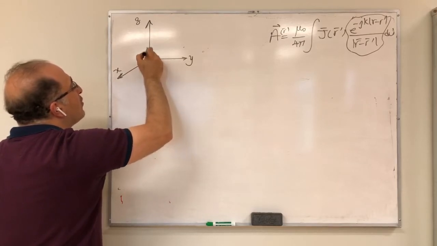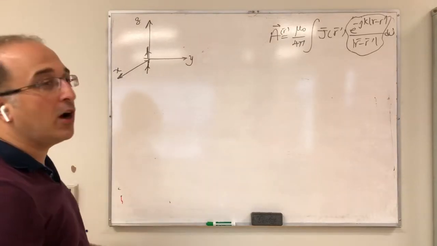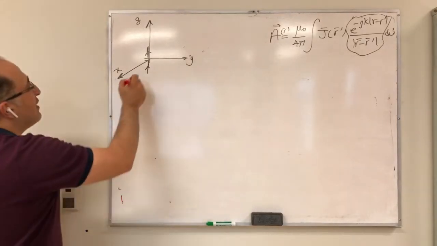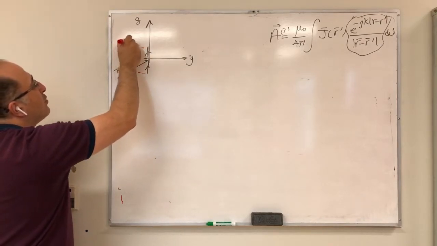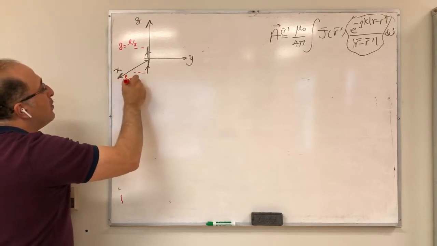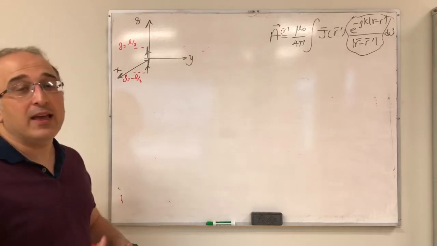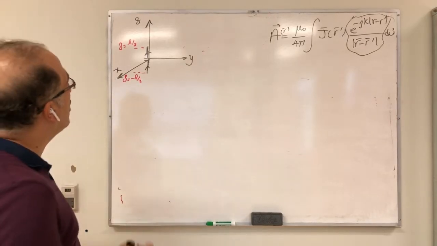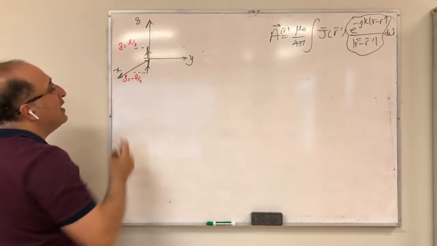Again, I have my two arrows here to say that these two currents are in phase, same direction. I'm assuming that this is z equals L divided by 2, and this is z equals minus L divided by 2. So the total length of the dipole is L. I'm also assuming that the current over the dipole is uniform.